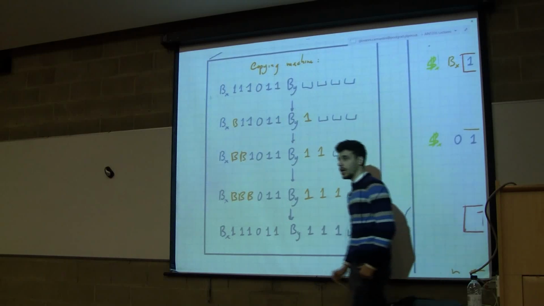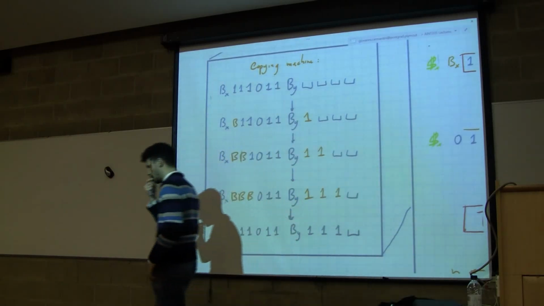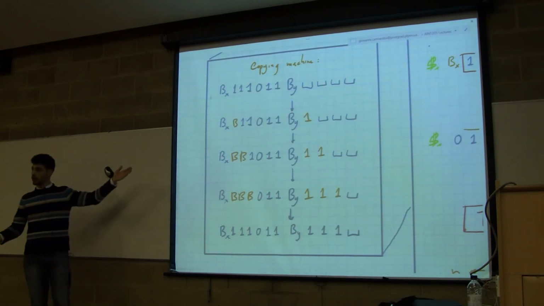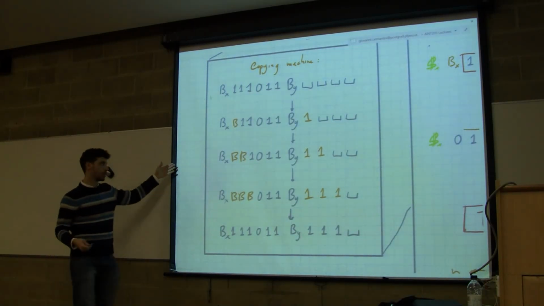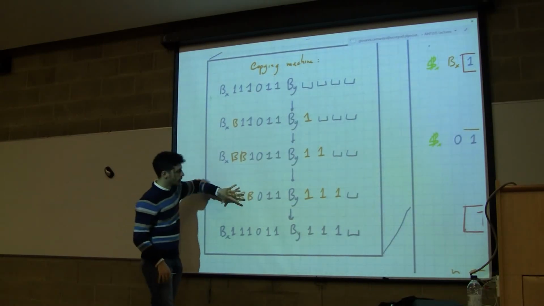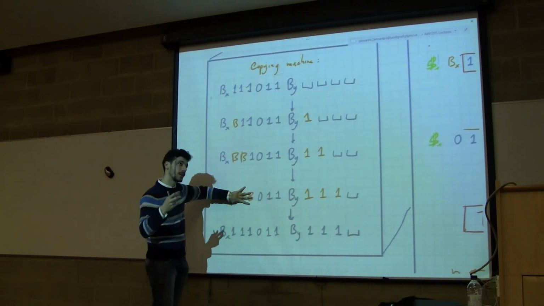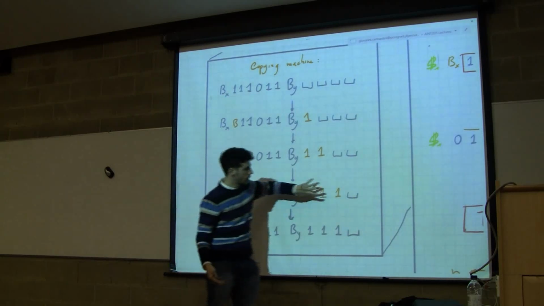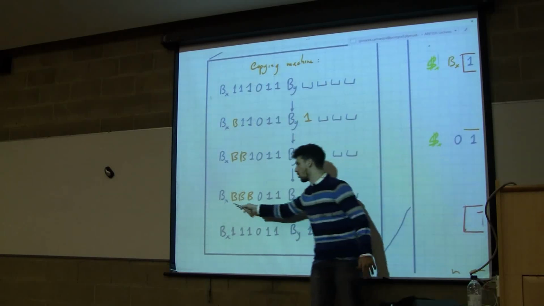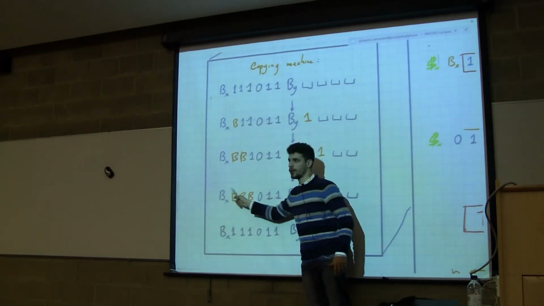Okay? So here I'm using the unary encoding I showed you last time for Turing machines, right? So the copying machine grabs a string of ones and puts it on the other side of some marker. And the first string of ones is also signaled by another marker.